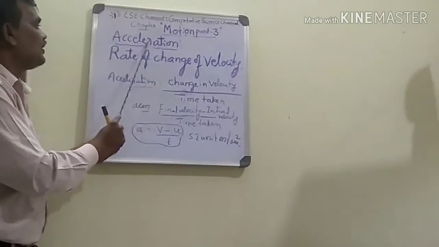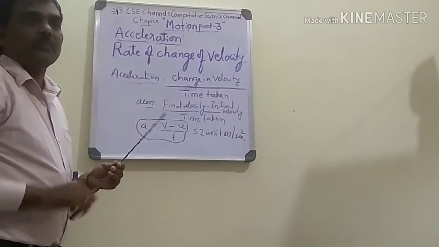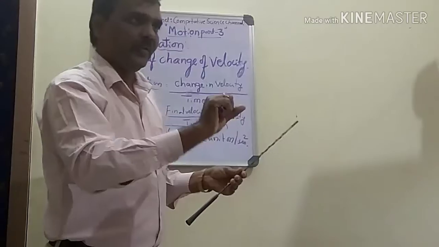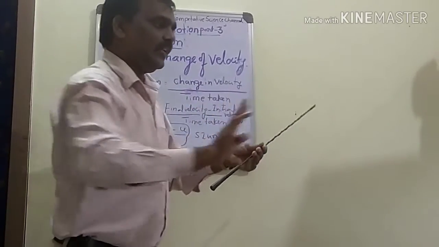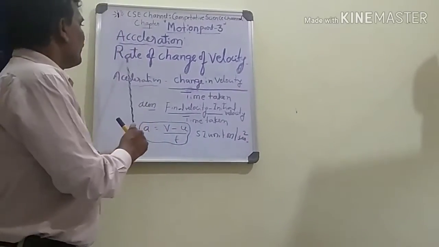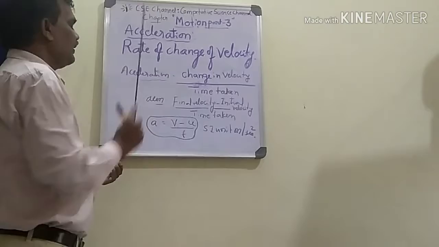So acceleration means rate of change of velocity. When you give acceleration with the accelerator, we increase, or sometimes we can decrease. So the rate of change of velocity is called acceleration.